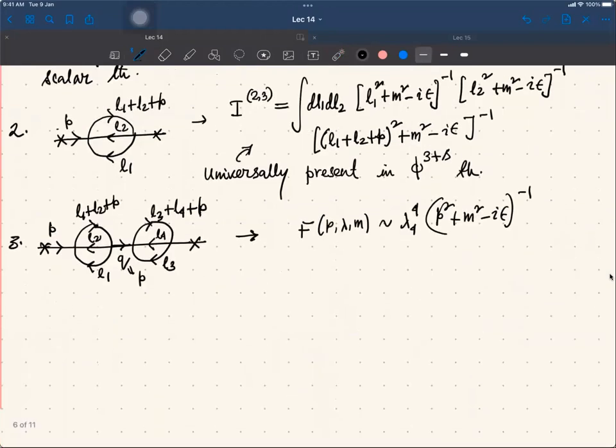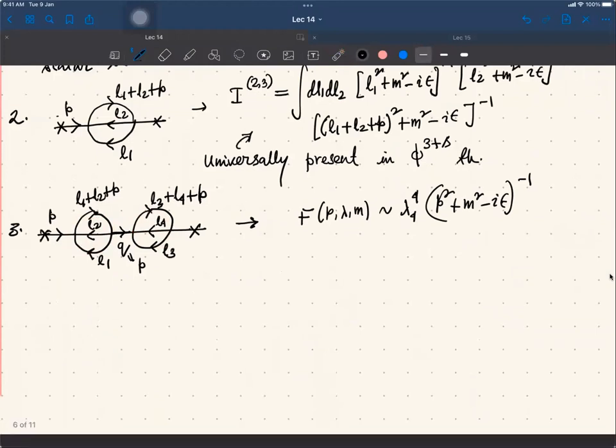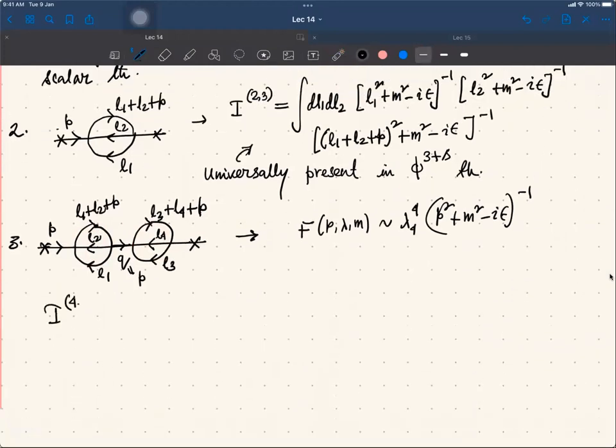For I, look at the number of loops and the internal lines. So this is 1, 2, 3, 4 loops, and there are 1, 2, 3, 4, 5, 6 lines, 6 internal lines. So it is I(4,6). Since it is I(4,6), there are 4 loop momenta, so dL1 to dL4, and then there will be 6 propagators, 6 factors of this kind.